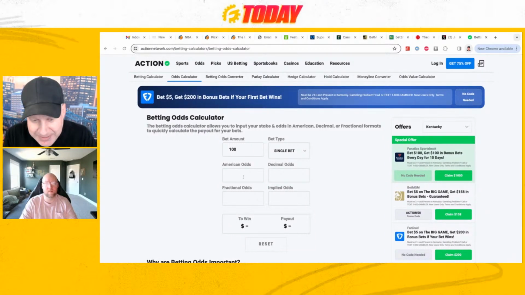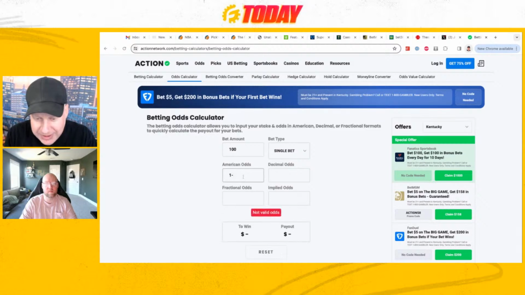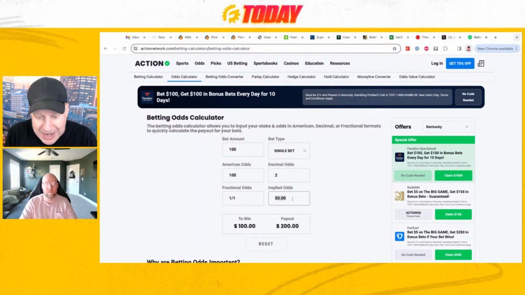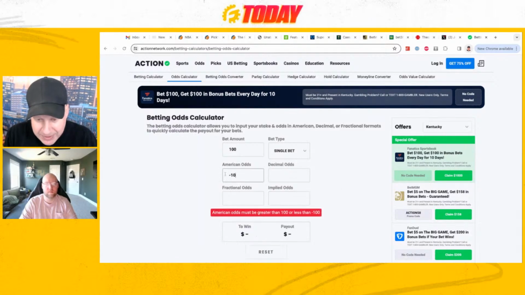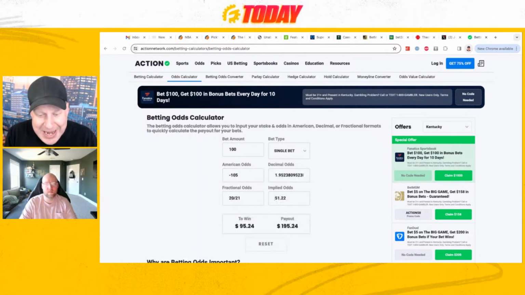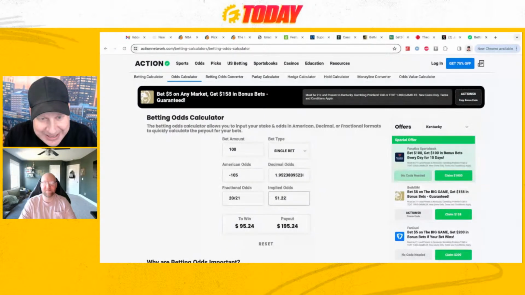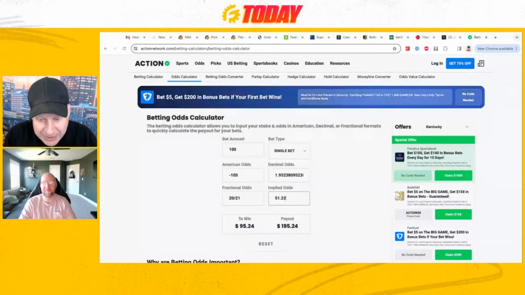Because obviously, if the American odds were plus 100, that's 50% implied odds. Right? We can see here in this odds converter on Action Network. So minus 105 is essentially you're getting paid as if it's a 51.22% chance, which, unless you have some way of knowing the wind, I guess there are people that could delude themselves into thinking that there's some way of predicting the coin flip.